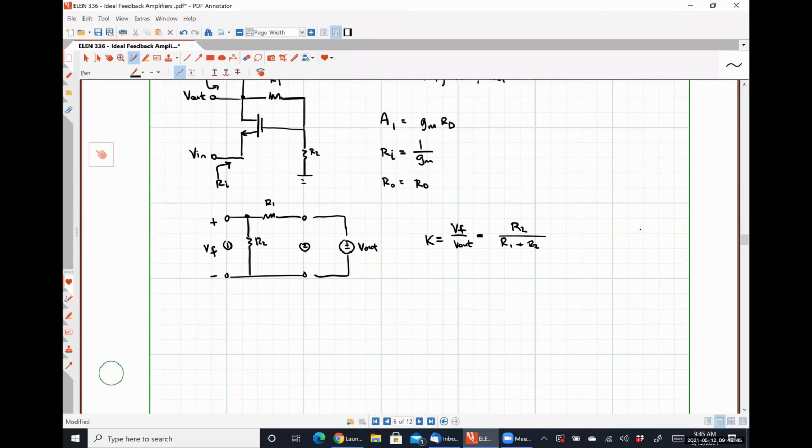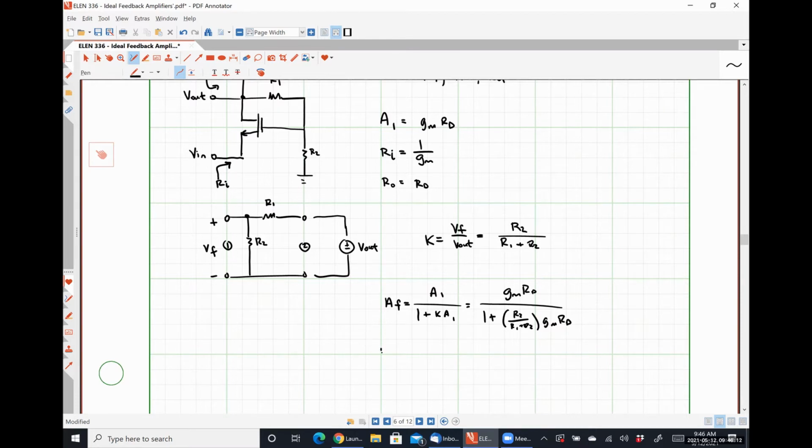So from this, our closed loop gain, which is just A1 over 1 plus KA1, is going to be gm RD over 1 plus R2 over R1 plus R2 times gm RD.